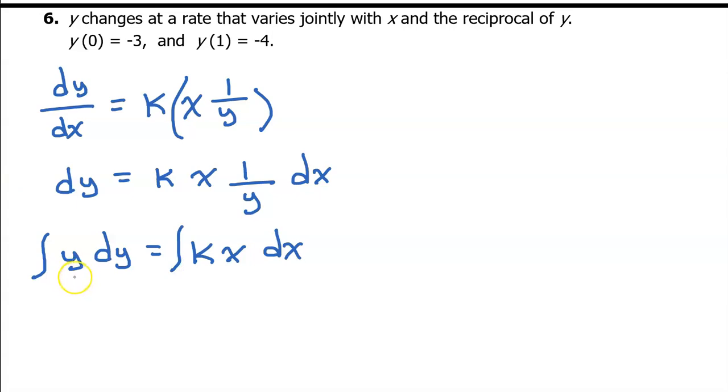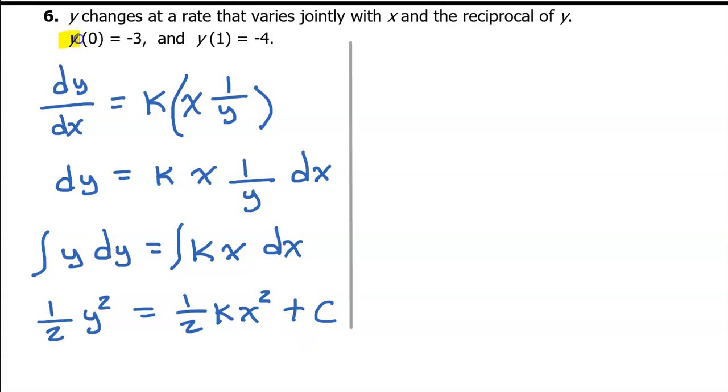The antiderivative of y is 1/2 y squared. Similarly, on the right-hand side, we have 1/2 kx squared, and here I will put the plus c. Let's use the first initial condition to find the value of c. When x is equal to 0, y is equal to negative 3.